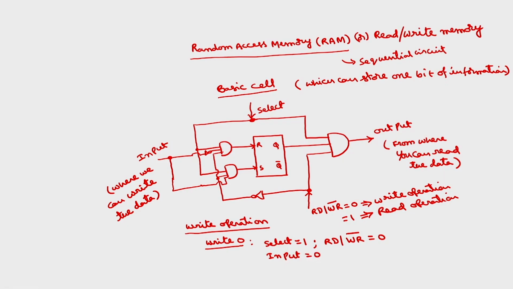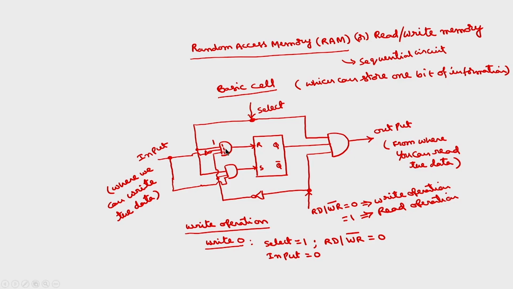Now what happens if input is 0, select is 1, read by write bar is 0? So what happens to output Q? For the first AND gate, the 3 inputs are select is 1, input is 0, but after the inverter this will be 1, and read by write bar is 0, after the inverter this is also 1.